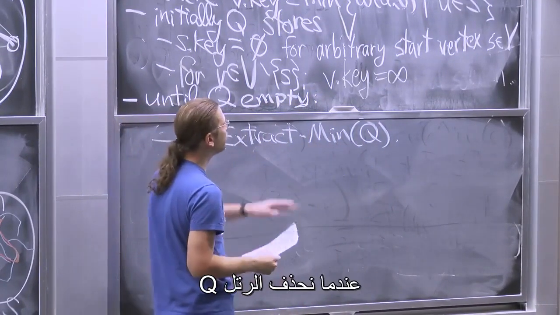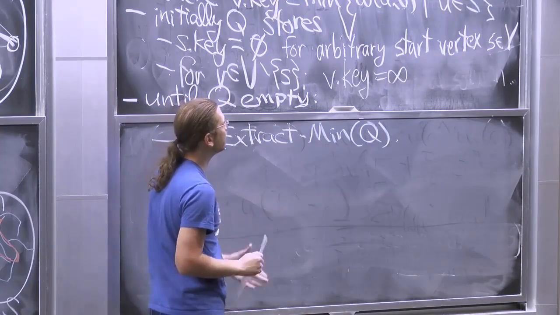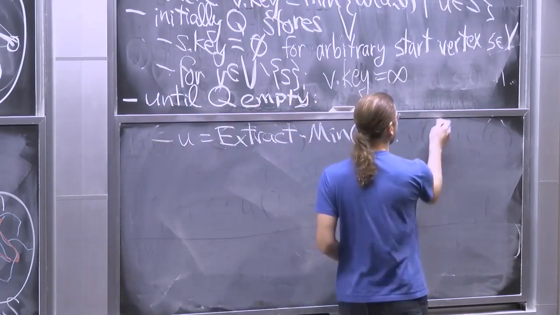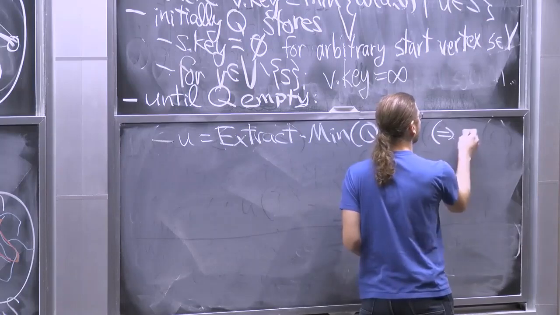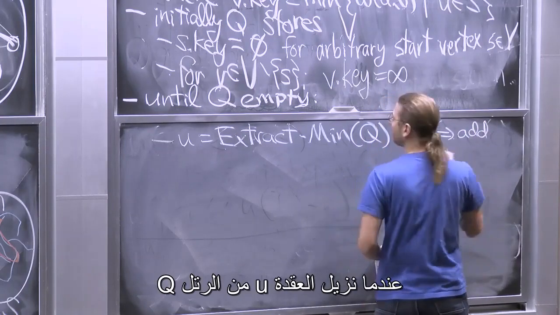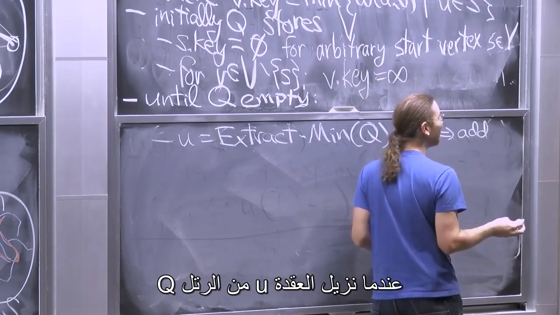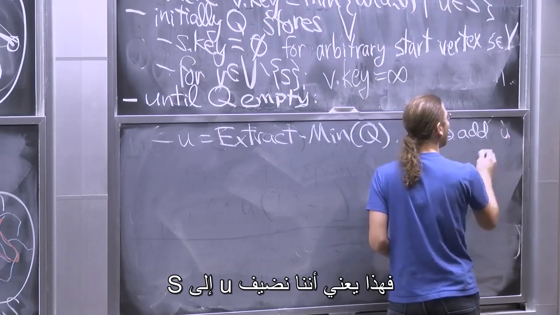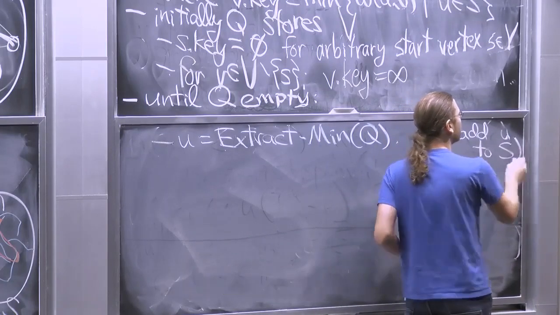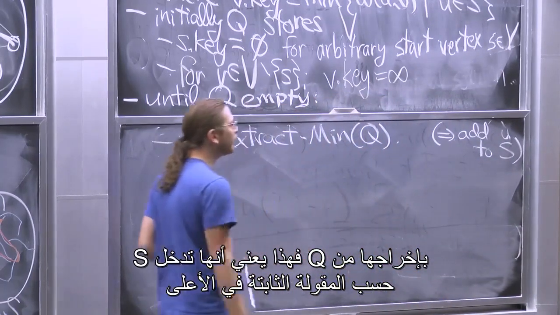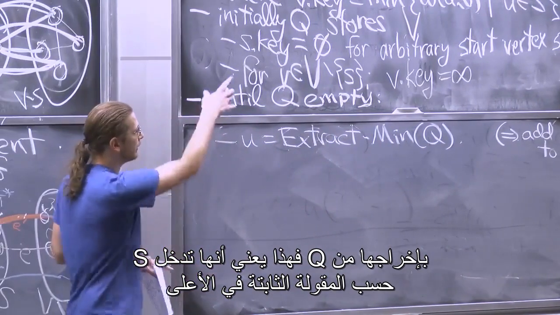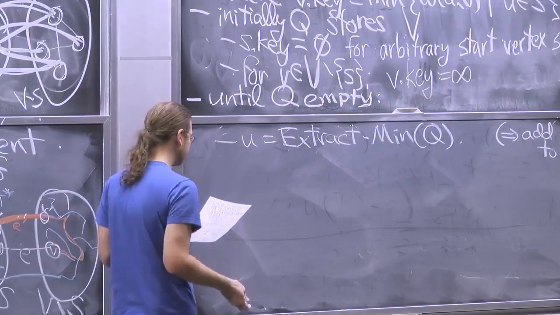When we remove vertex U from the Q, this means that we're adding U to S. By taking it out of Q, that means it enters S by the invariant at the top.